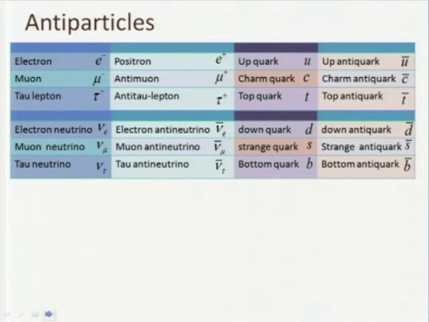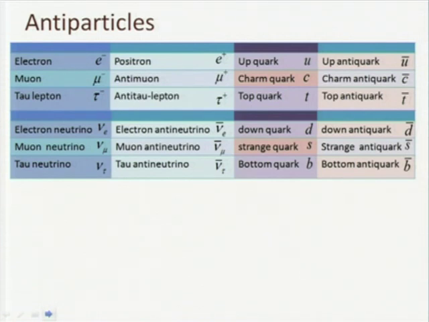For example, the electron's antiparticle is called the positron, symbolized as e plus instead of e minus for the electron. Similarly, the muon, mu minus, has an anti-muon as its antiparticle, denoted by mu plus, and tau minus has an antiparticle, the anti-tau lepton, tau plus.